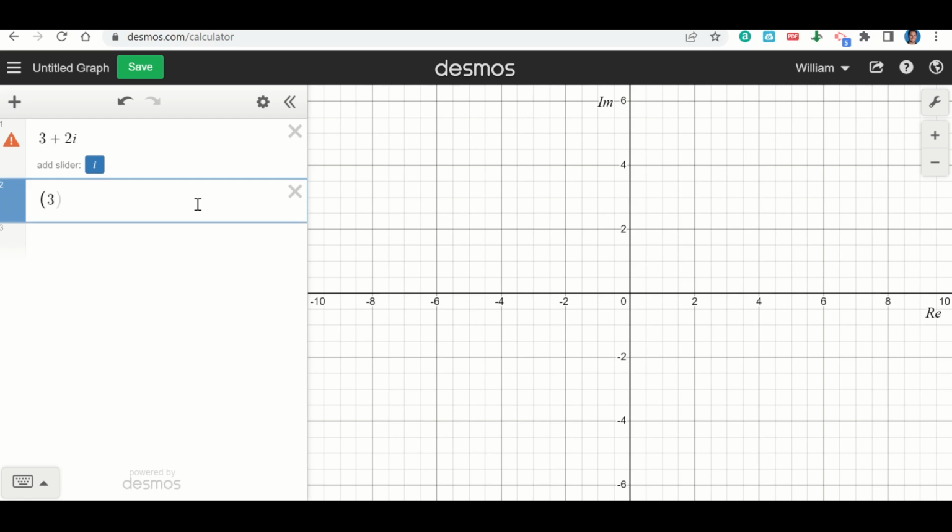We put 3, because that's our x, and then our y, which is 2. And then we can label it. And now we have 3 plus 2i on the complex plane. So that's how you graph and check your work for plotting complex numbers on the complex plane.